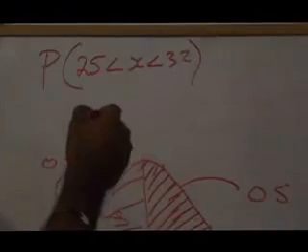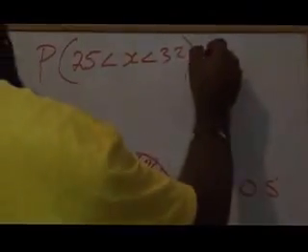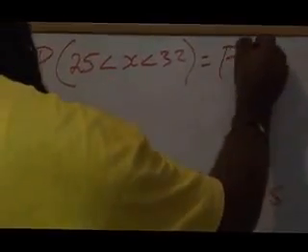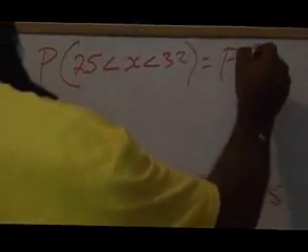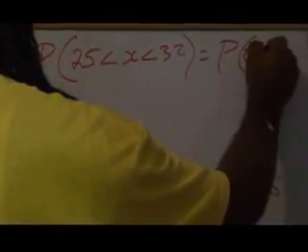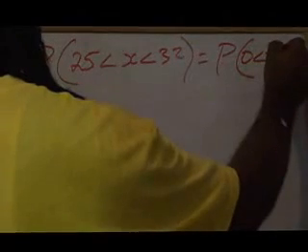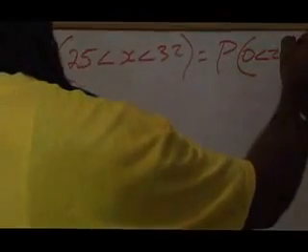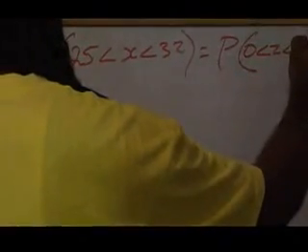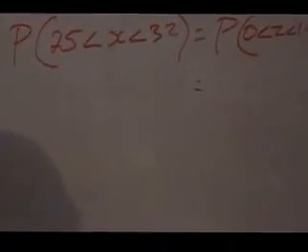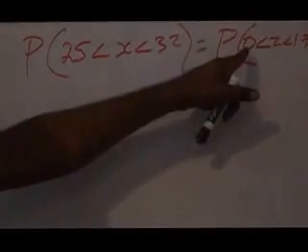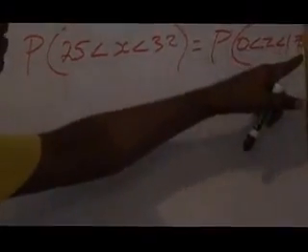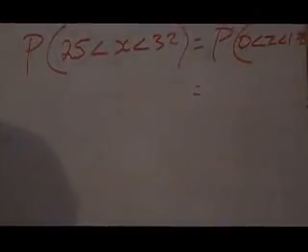This is going to be equal to the probability of the z's, which is going to be 0 less than z, and z less than 1.75. The probability of the standard z running between 0 to 1.75 must be found from the table.